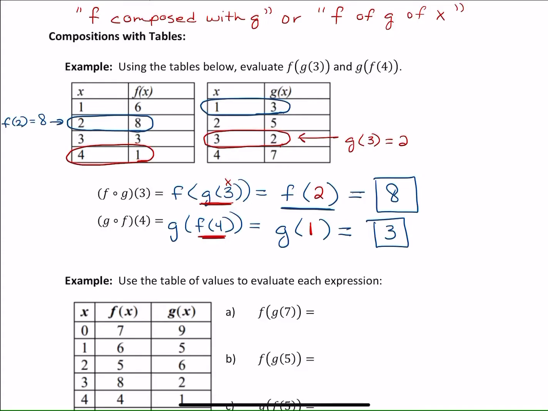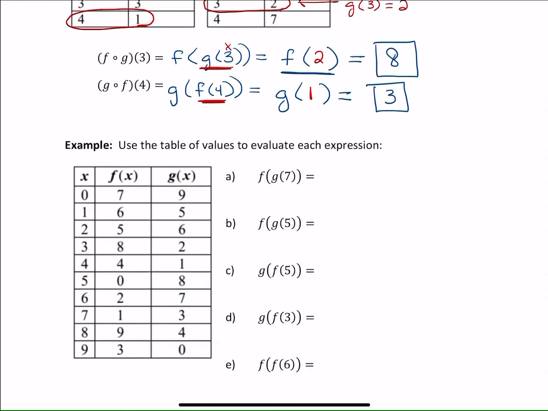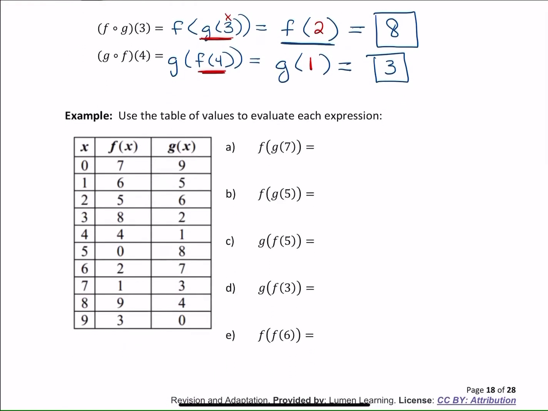Now on the next example, we've got a list of compositions, and it's all on one table, but it's the same concept as the previous. I'm working from the inside out. So f of g of 7, g of 7 is going to be right at 3.